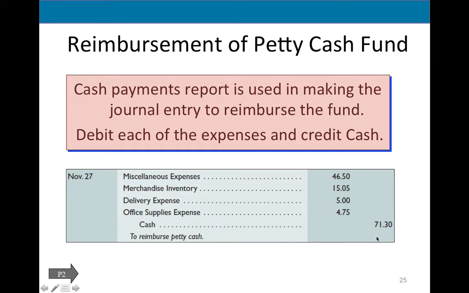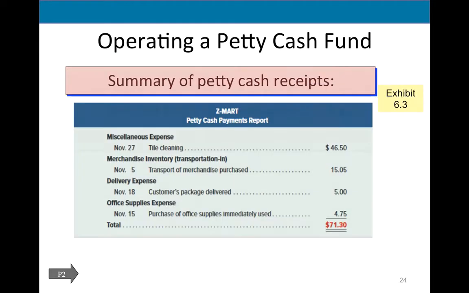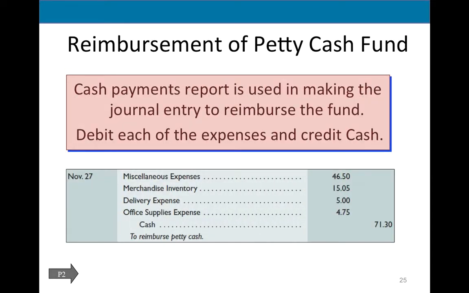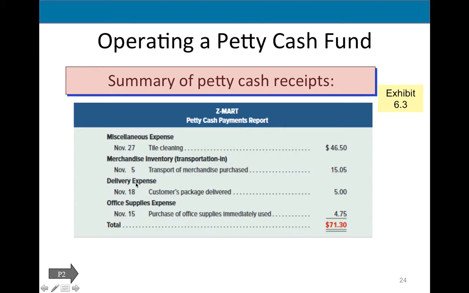Again, with the petty cash fund, we only record it twice: once to establish it, and then once a period to replenish it. When you replenish the petty cash fund, there is no petty cash fund account impacted. You debit your expenses, usually, right? So you can see here miscellaneous expense, delivery expense, office supplies expense.